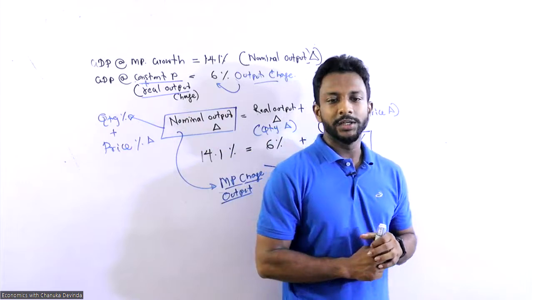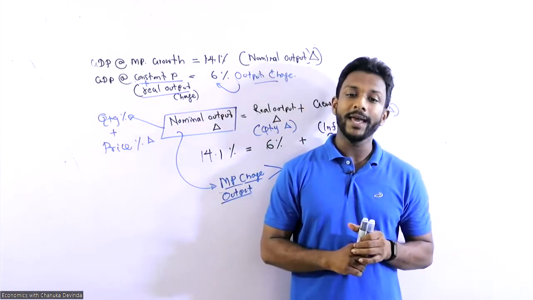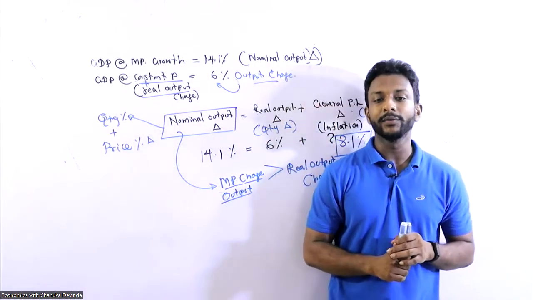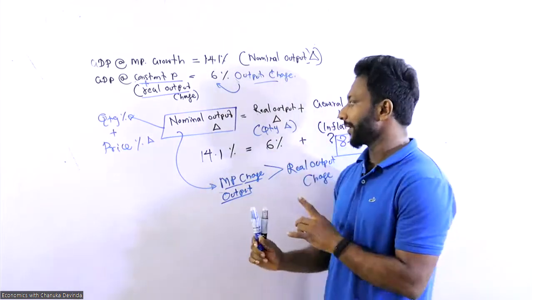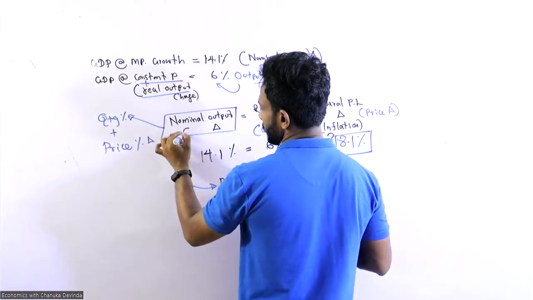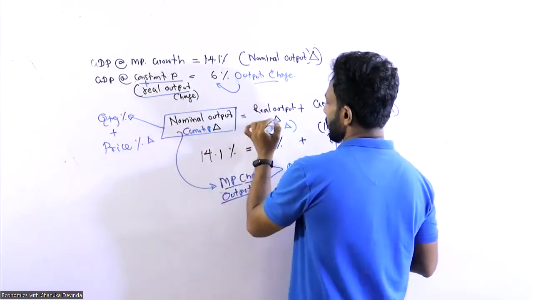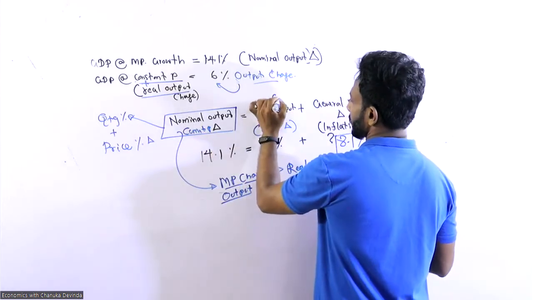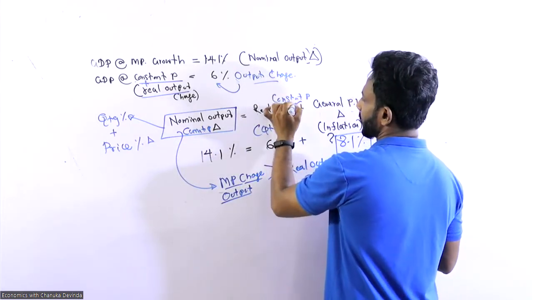Final point, GDP growth at constant price is relatively lower than GDP calculated at current prices, right? Constant price is lower than current price. This is the current price. This is the constant price. Right?